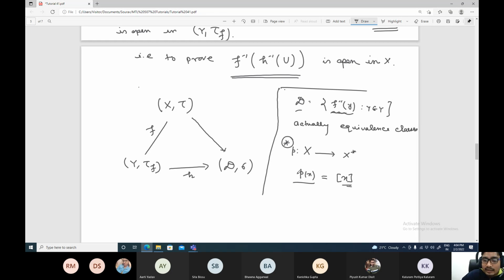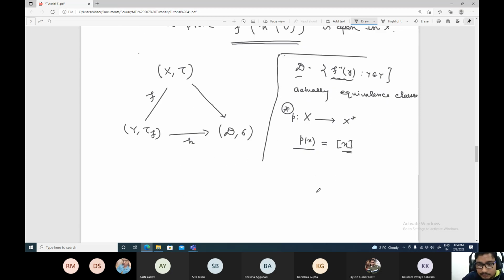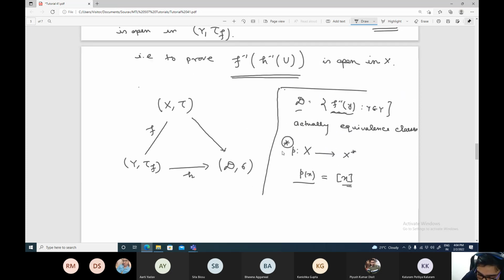And here also in the decomposition we are giving the same. So I want to use this map P here. What does P take?